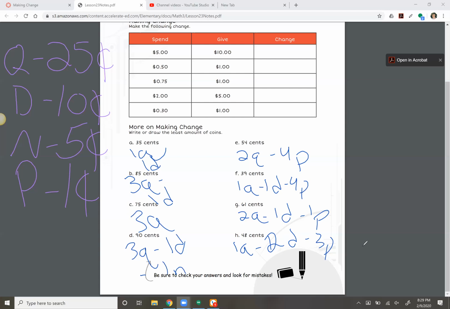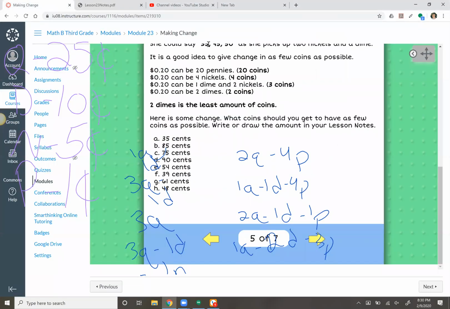You have 1 quarter, 25, 2 dimes, 35, 45, and 3 pennies, 46, 47, 48. That was tricky. I almost said 1 quarter and 1 dime, which would have had me at 35, which would have been fine, but then I would have had more coins. So, even Miss Tori makes mistakes, and that's okay.